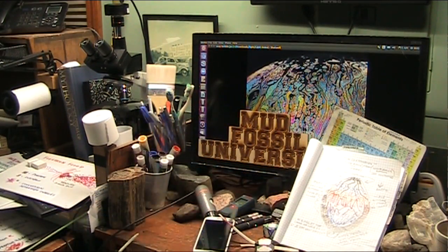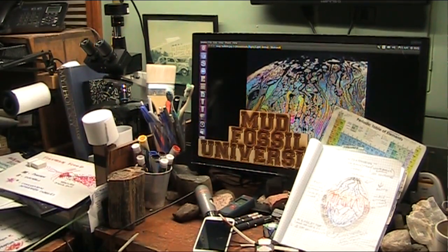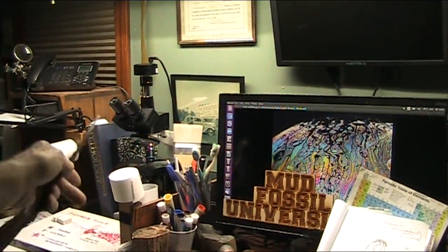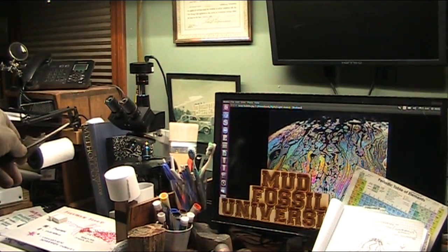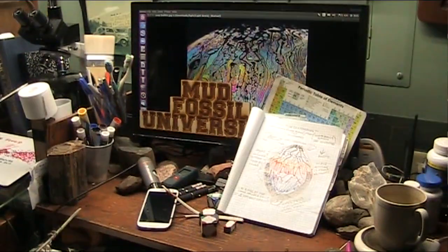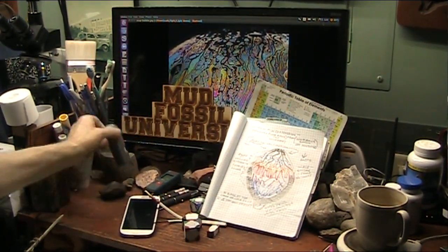Now, really, if you want to be really deep into this, you could get a microscope like, I don't know if you can see that over there. I got to be honest with you, I don't use it. The only reason I even took the cover off it was so you could see it. I don't need it. The one I use is this one here, and these are cheap.